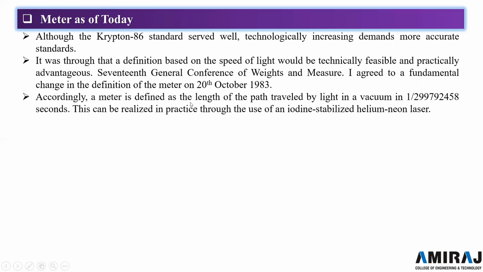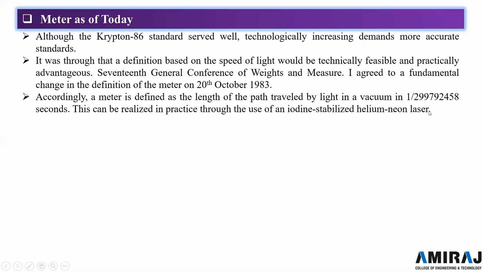Accordingly, a meter is defined as the length of the path traveled by light in a vacuum in 1 by 299,792,458 seconds. This can be realized in practice through the use of an iodine stabilized helium neon laser.